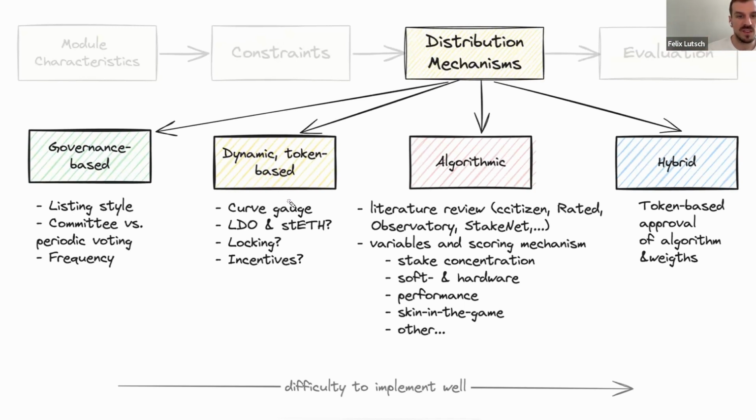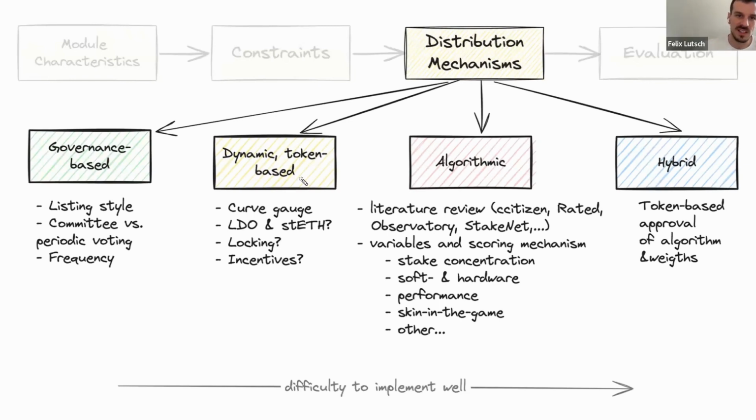There are also token-based methods. The most known one is probably the Curve gauge. If people are familiar, Curve holders can essentially lock up their token and direct the rewards from the Curve system towards different pools.